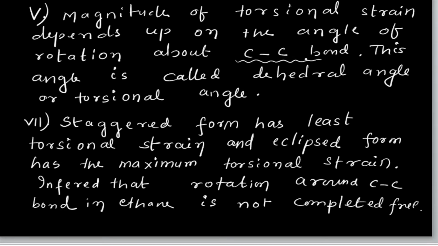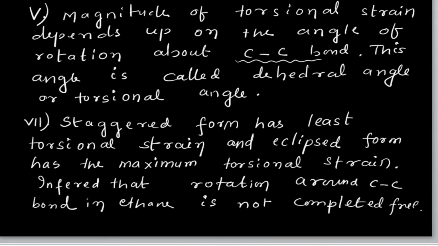Conformation means rotation about the C-C bond in ethane, and that is why ethane shows conformation. This angle is called the dihedral angle or torsional angle. That means when there is electron cloud repulsion between the C-H and C-H bonds, this is called torsional strain, and the angle is called the torsional angle.